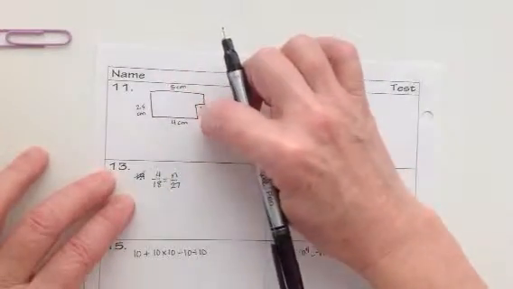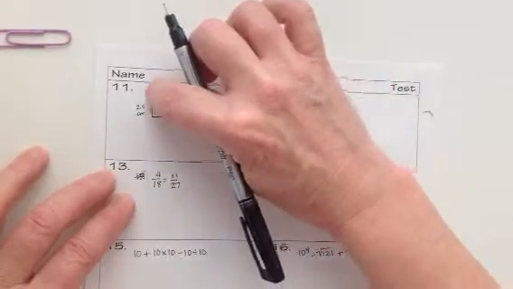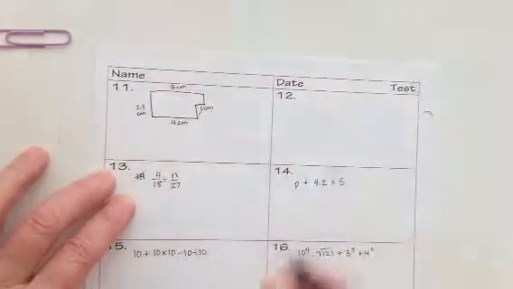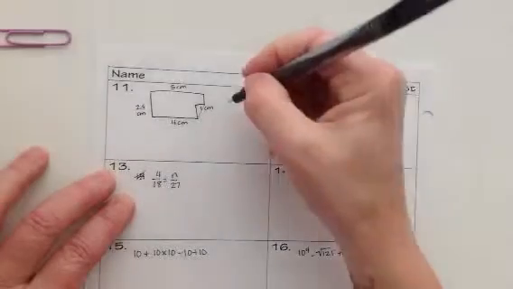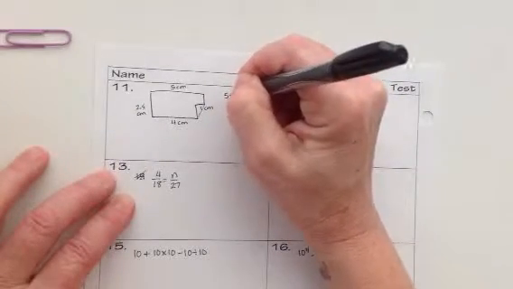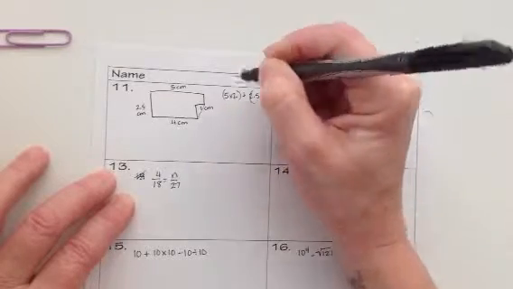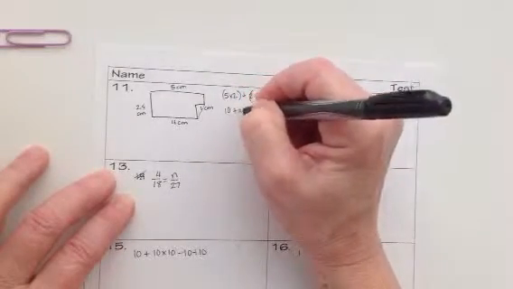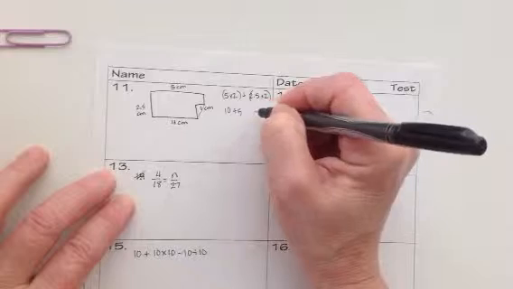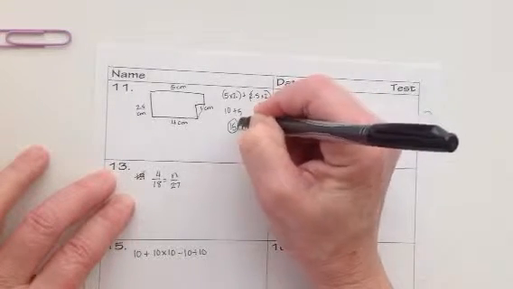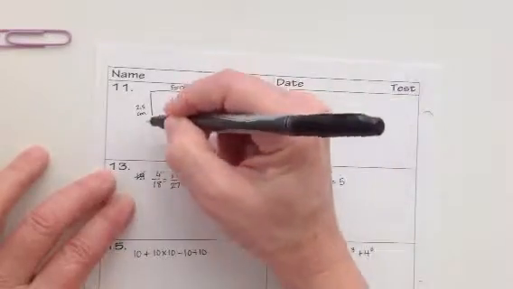If I unfold that corner, it's as if I have two 5 centimeter sides and two 2.5 centimeter sides. So you have 5 times 2 plus 2.5 times 2, and you're going to get 10 plus 5, and you have 15 centimeters for the perimeter.